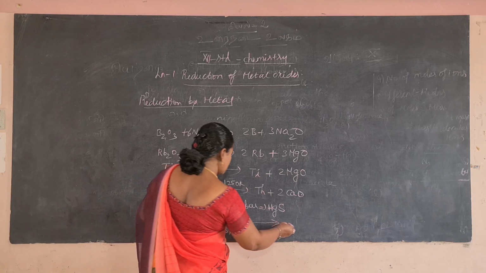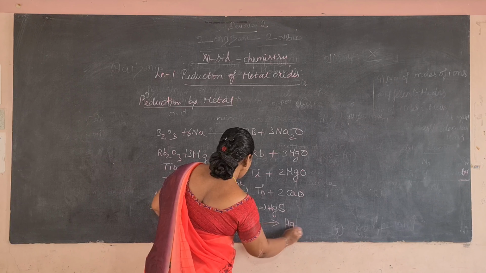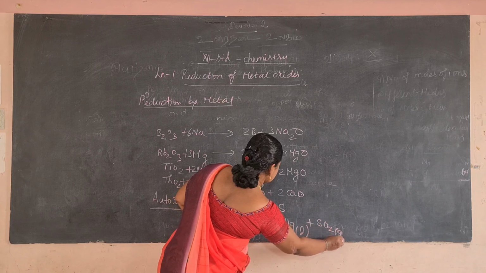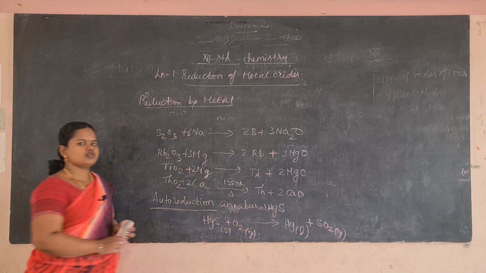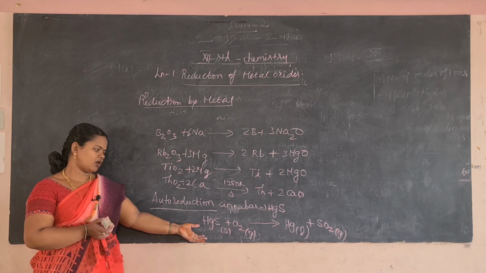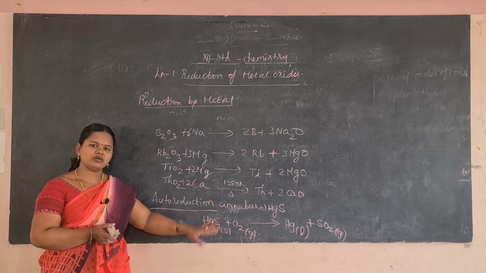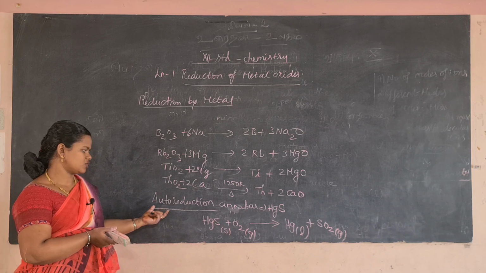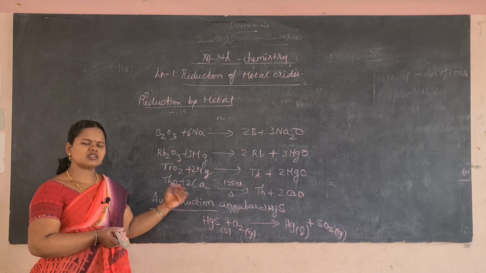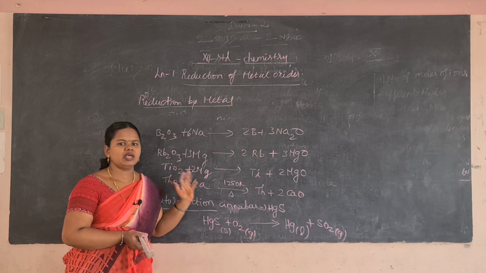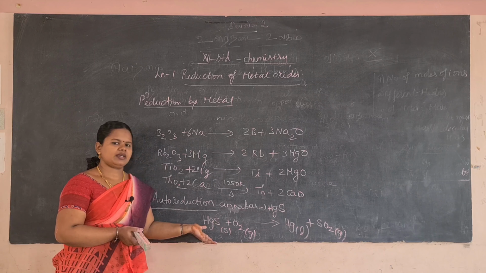It gets reduced to mercury liquid, Hg, plus SO2 gas. So this is known as auto reduction. Here on roasting itself, the ore will be converted into the metal. No reducing agent is necessary, and that process is known as auto reduction. That is, it automatically gets reduced.